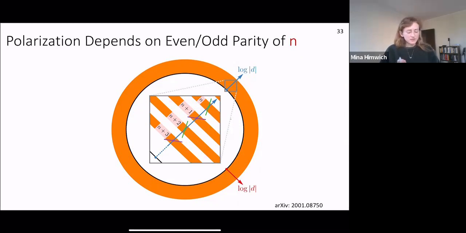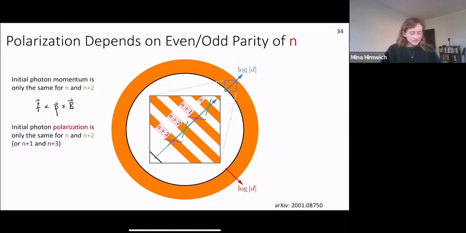The ticks for the n and the n plus 2 subrings, which are related by a full orbit, or that are both even or both odd, will be the same, and they'll be different from those that execute n plus 1 and n plus 3 half orbits. So generically we can only relate the polarization of all the even or all of the odd subrings.